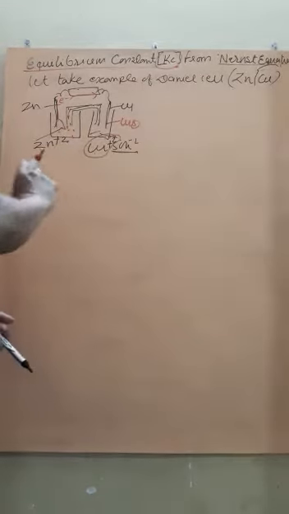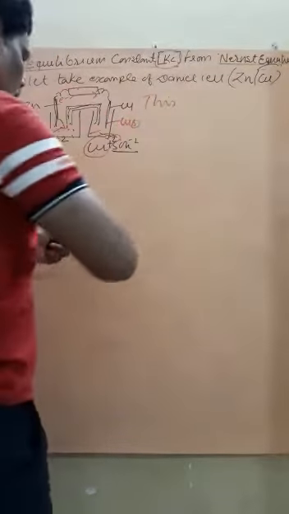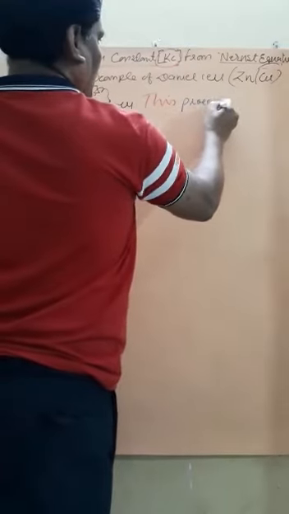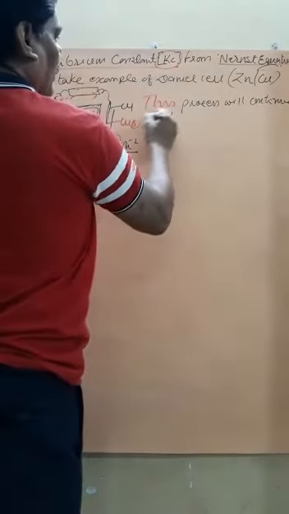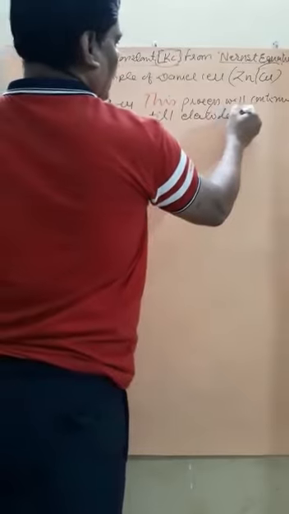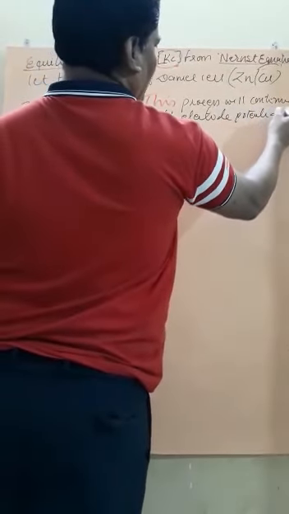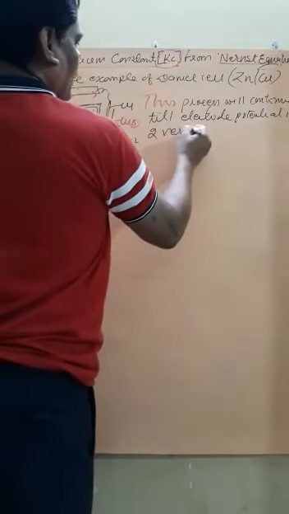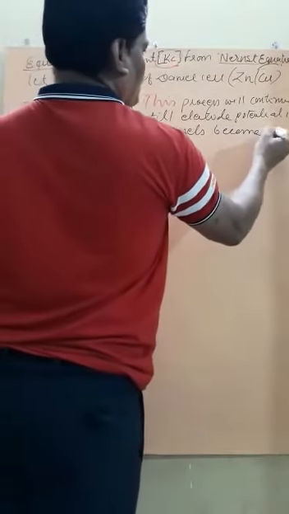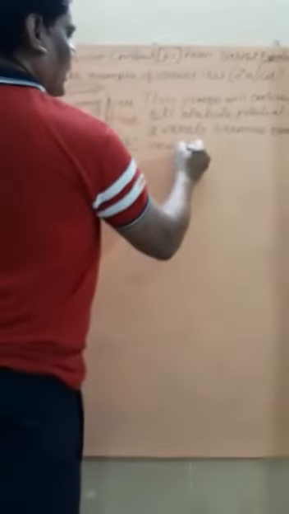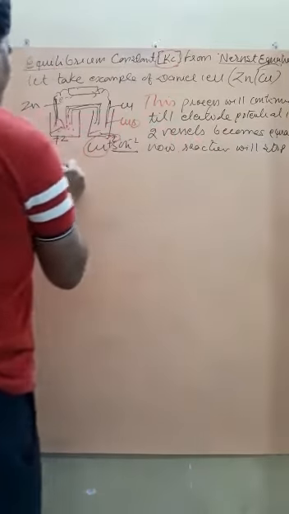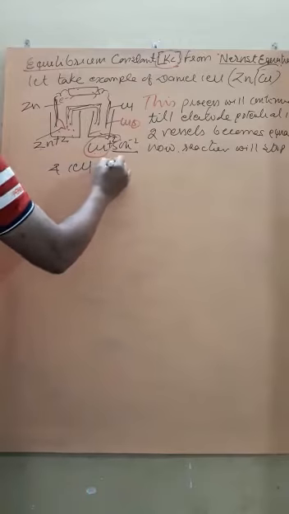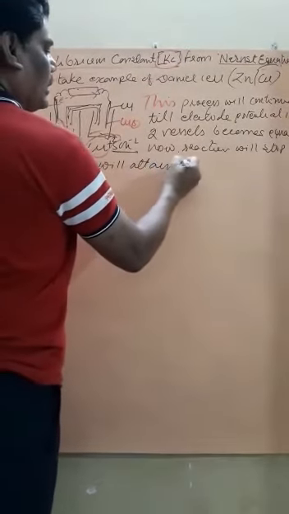Now, will the reaction continue for a longer period of time? No. Actually, this process will continue till the electrode potential in the two vessels becomes equal. Then the reaction will stop, and the cell will attain equilibrium.